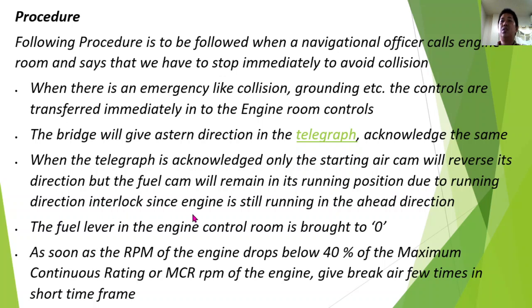Since the engine is still running in the ahead direction, the fuel lever in the engine control room is brought to zero. As soon as the RPM of the engine drops below 40% of the maximum continuous rating or MCR RPM of the engine, give brake air. A few minutes, in a short time.